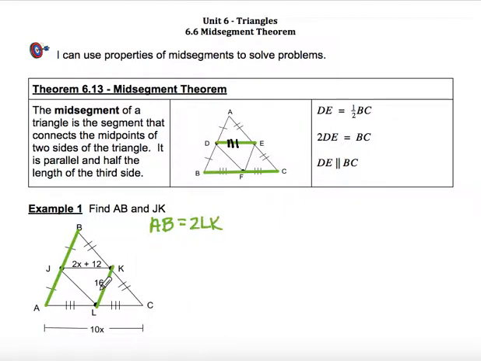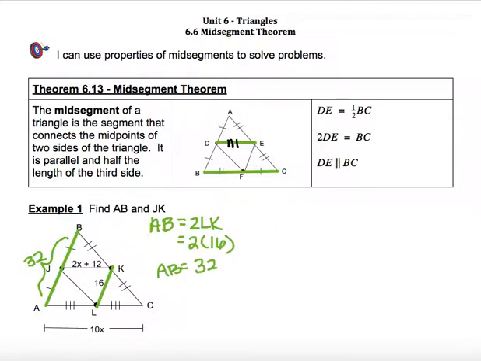Since I know that LK is 16, 2 times 16 is 32, and that means that AB is going to be 32. So if this is 16, this entire length is 32.